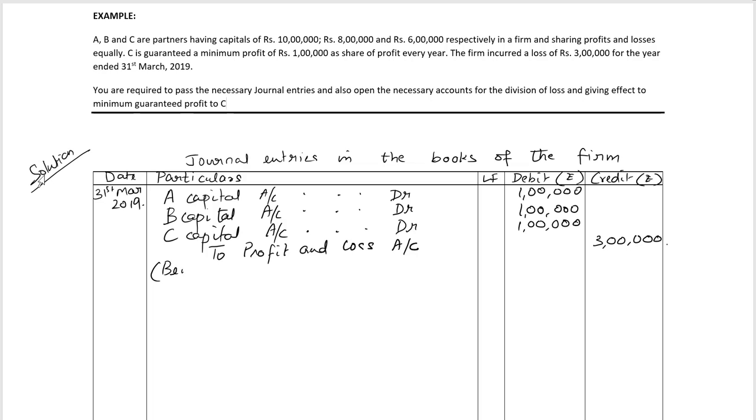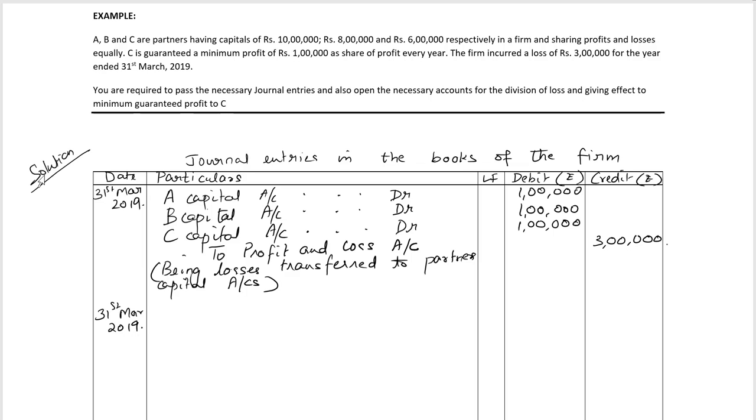Narration: being losses transferred to partners' capital accounts. Next journal entry: we'll need to pass the journal entry for the deficiency to be borne.